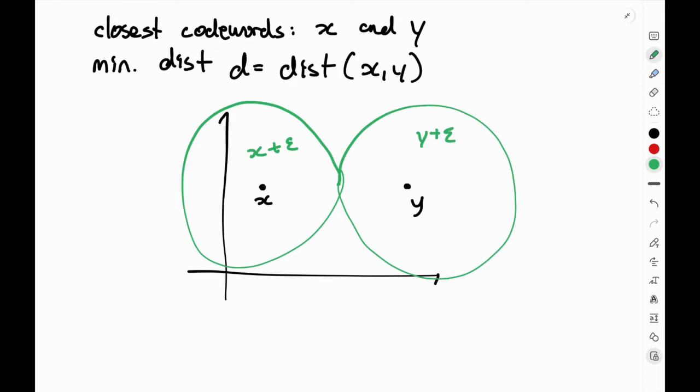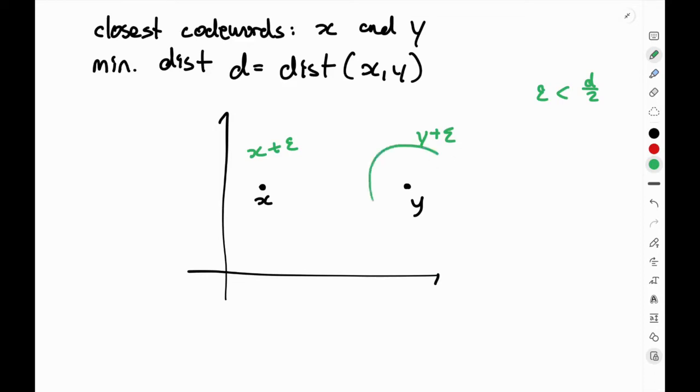If epsilon is less than the minimum distance divided by 2, then these circles are non-intersecting. So if the message is in y, then it will not be in the set of x. But let's say the number of errors is greater than d over 2.